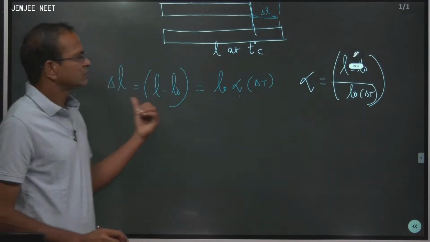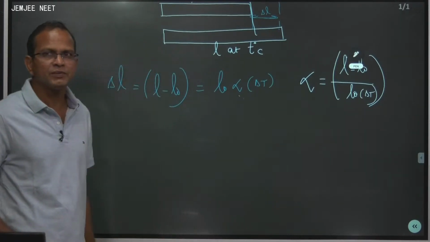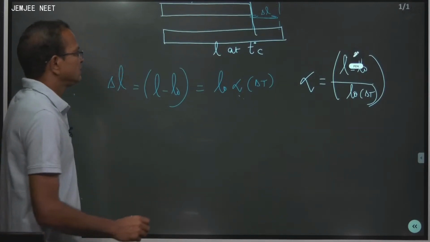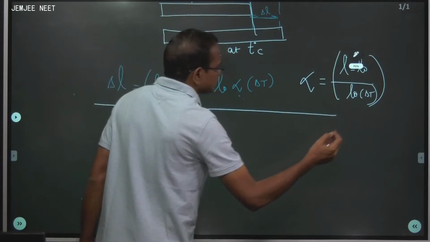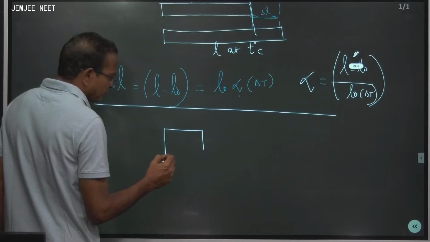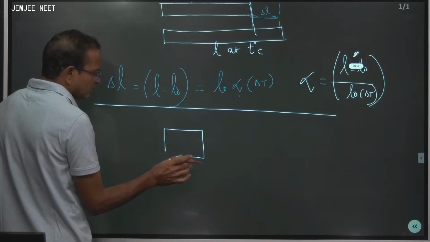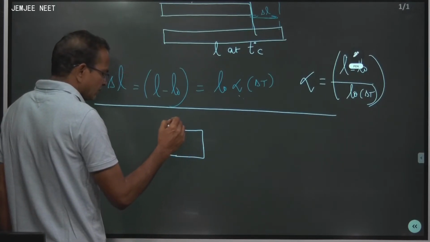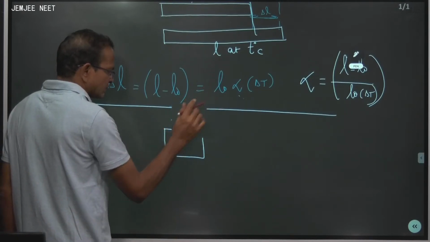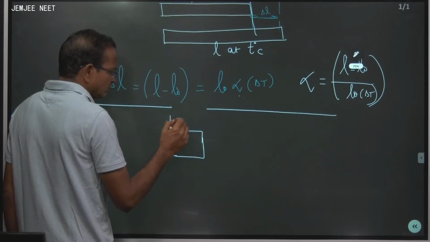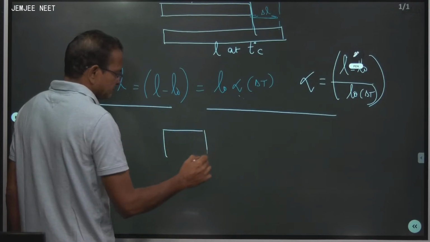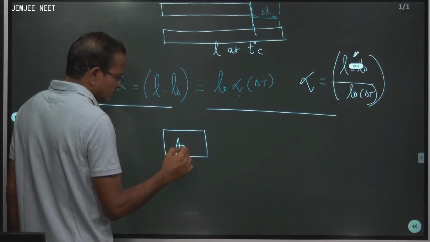So alpha is the temperature coefficient of thermal expansion of the solid, or simply the coefficient of thermal expansion of the solid. Then comes areal expansion. Suppose this is a rectangular area at the time when the temperature T is equal to 0 degree Celsius, of area A naught.